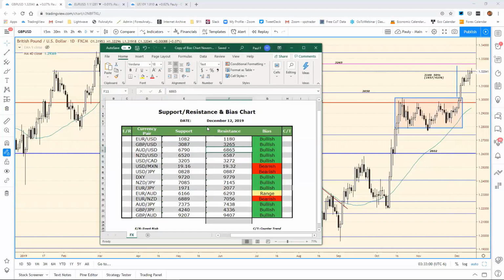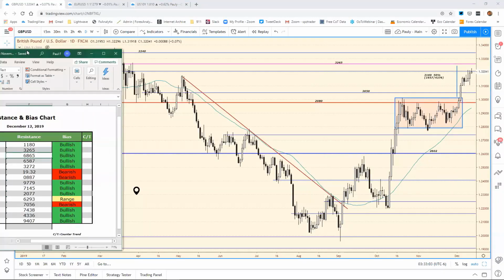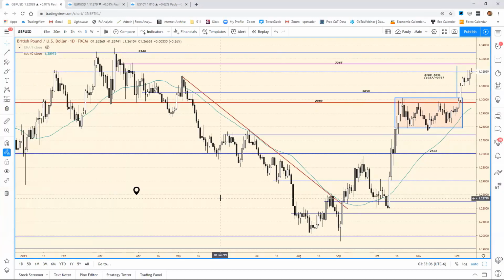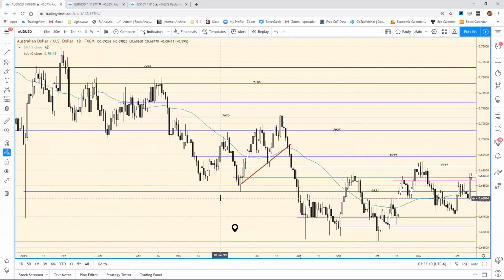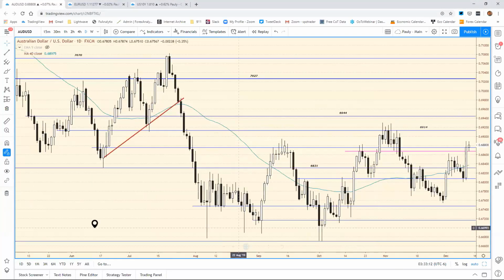Let's go on and move in now to the Aussie dollar. So the Aussie rallied on Wednesday, closing above 68.67, allowing the pair to eventually challenge an upside level of 69.14, before major resistance, which would be 69.44.